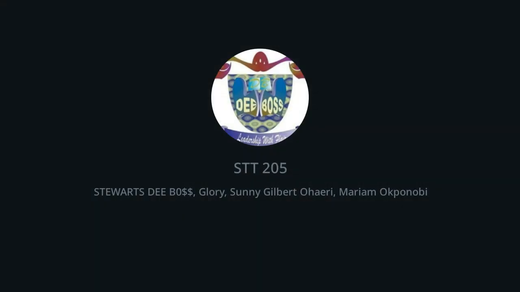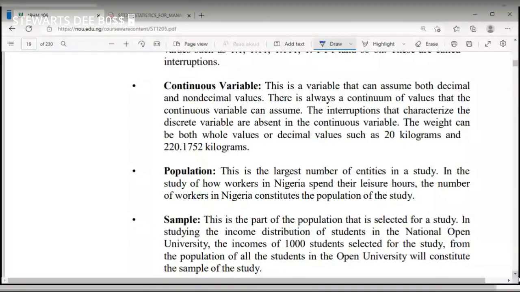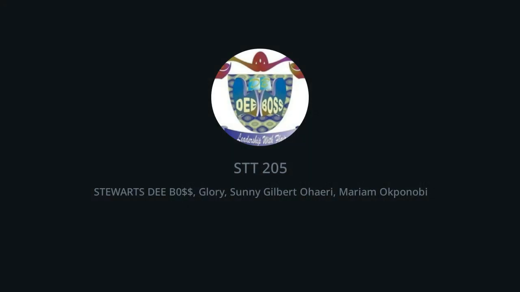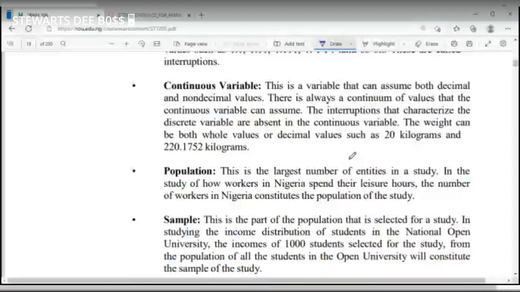Okay, now population. This is the largest number of entities in a study. Remember that entities are what you are trying to focus on. So every item, every element that fits this entity in any study is your population.